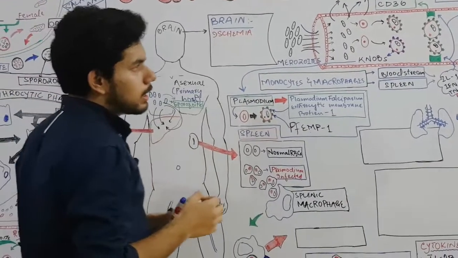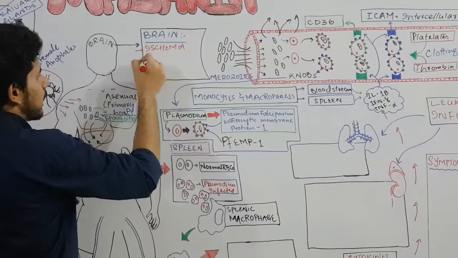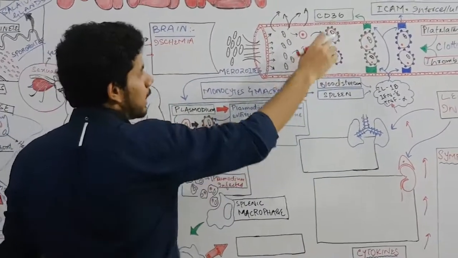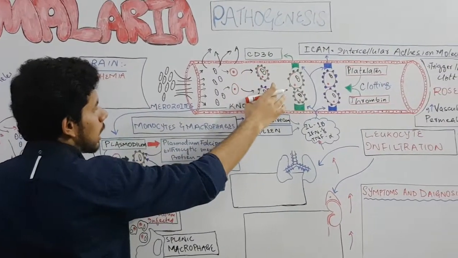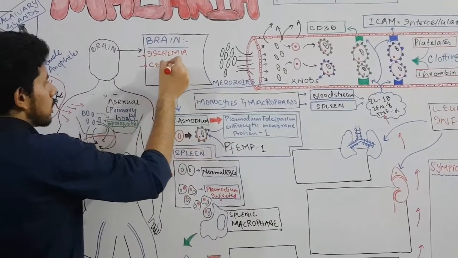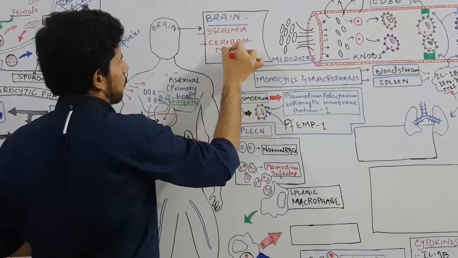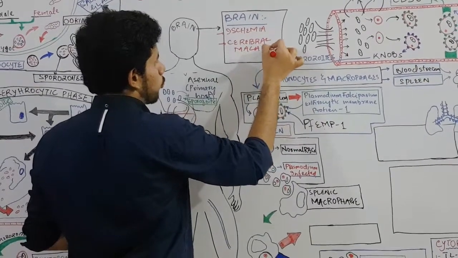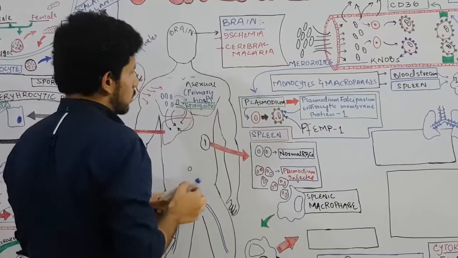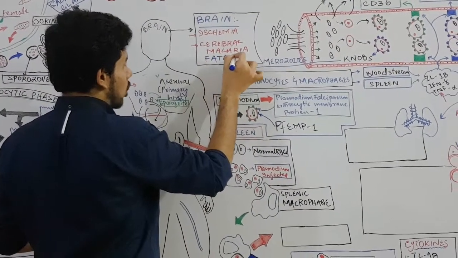And number 3, the clotting, which is induced by the binding of CD36 with the RBC containing knobs, causes cerebral malaria, which is fatal in nature. So this cerebral malaria is fatal. It causes death.